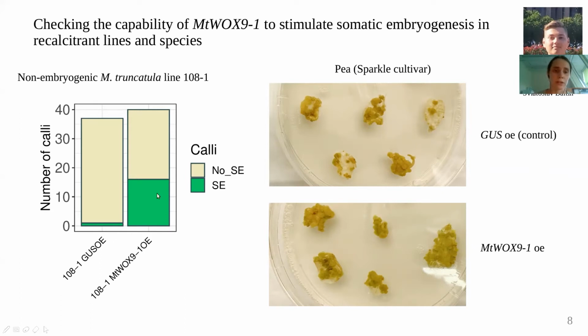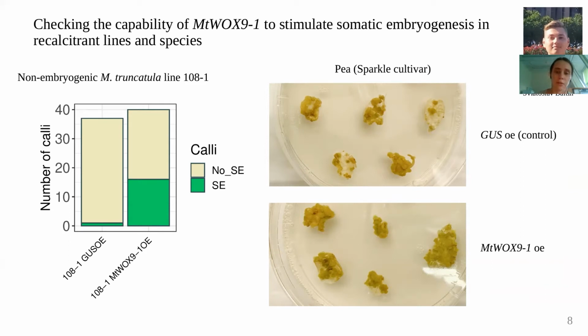We transformed the non-embryogenic Medicago line 1081 with constructions for VOX91 expression, and about 30% of calli gave somatic embryos, whereas control calli almost never gave any embryos.